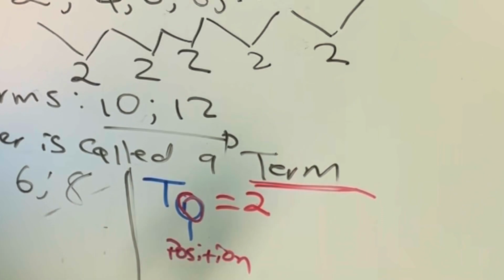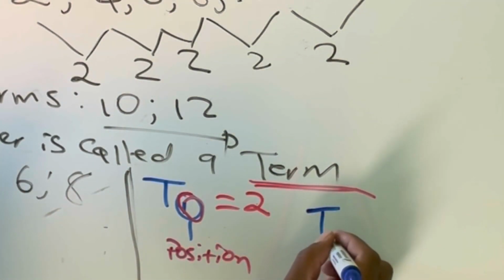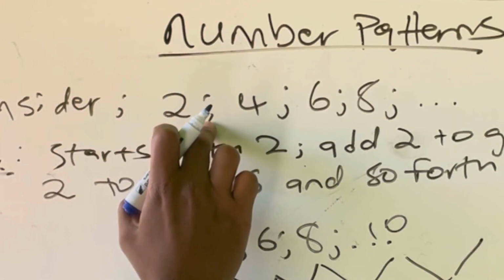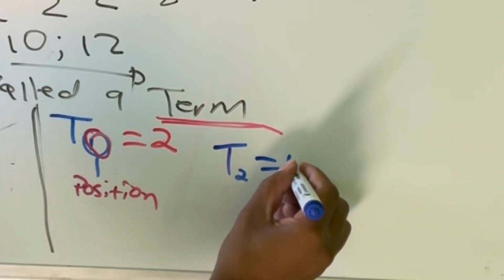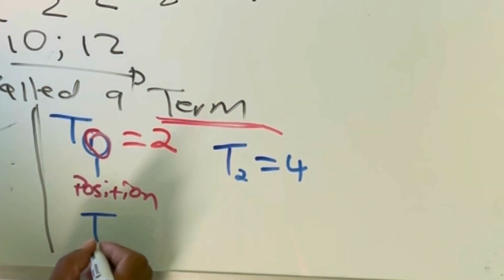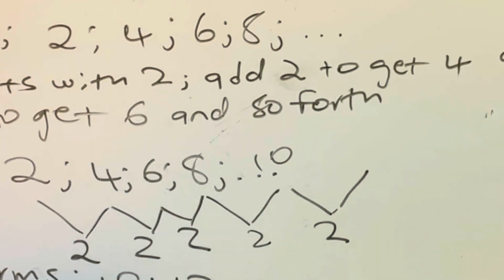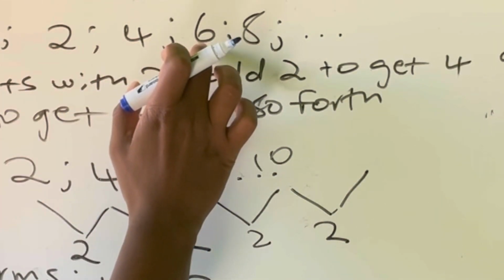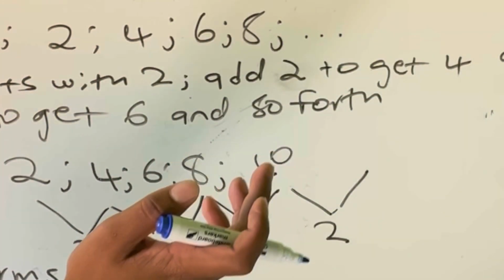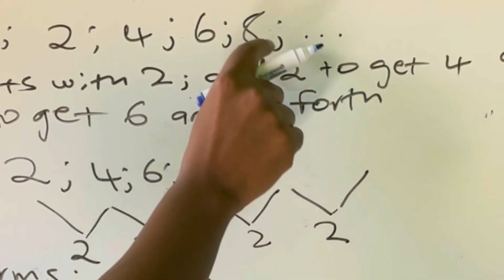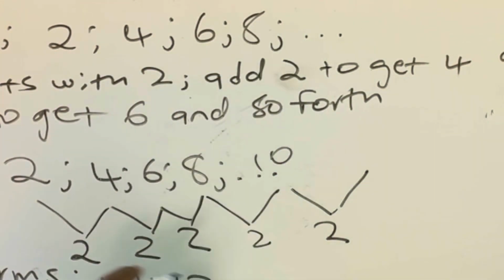Now, you can see that the term which takes position 2 is 4. The term which takes position 5 will be, 1, 2, 3, 4, since you have 4 terms, that means you add 2 here, because you know that this pattern progresses by 2.